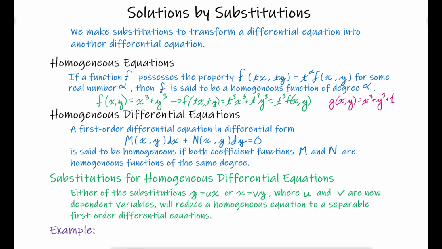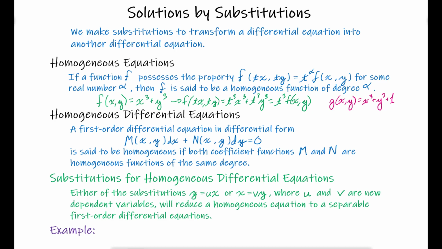So now that we have an idea of what a homogeneous equation is, let's talk about homogeneous differential equations. When we have a first-order differential equation in differential form, M of xy dx plus N of xy dy equals 0, we say it's homogeneous if both coefficient functions, M and N, are homogeneous functions of the same degree.